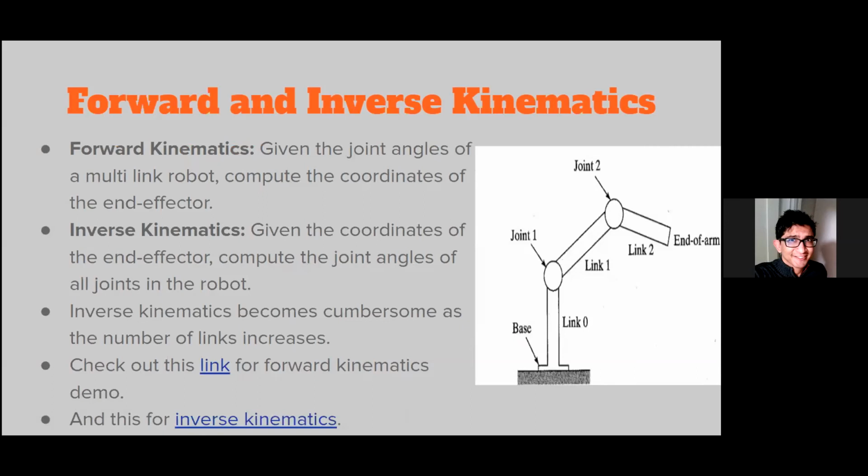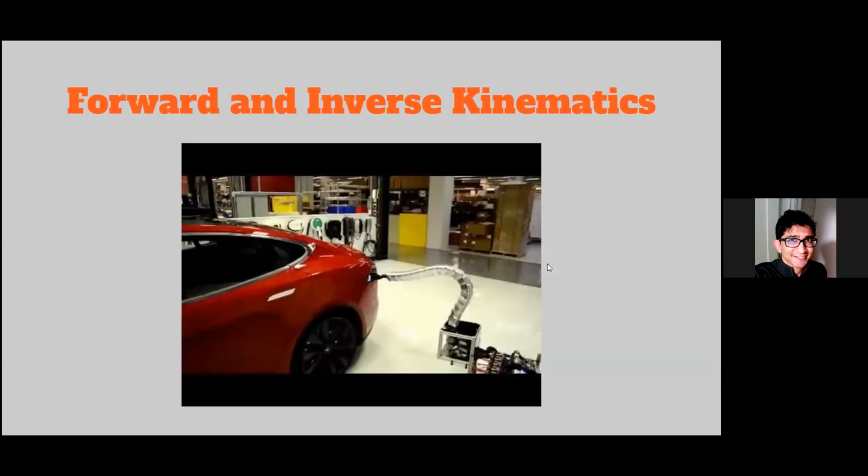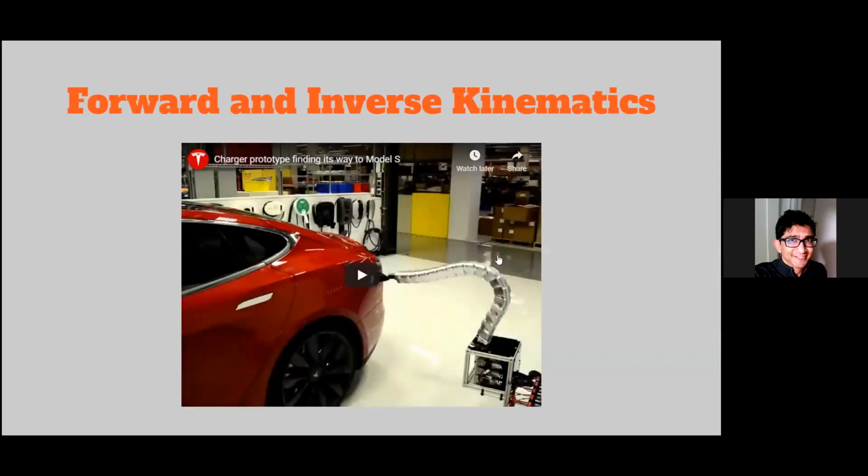The inverse kinematics question is merely the reverse. Suppose you are given this end effector right here. If you are given the x and y coordinates of this end effector here, can you rearrange all these three links in some way so that we can get these three joint angles? So the example of the Tesla charger that you saw right here was an example of inverse kinematics.